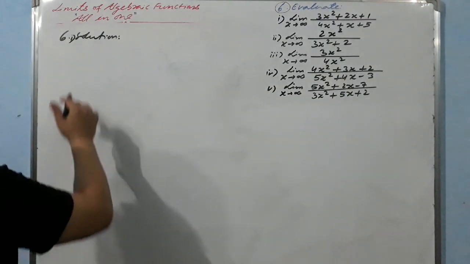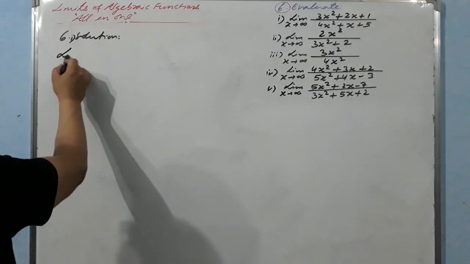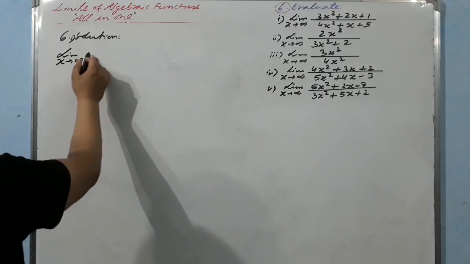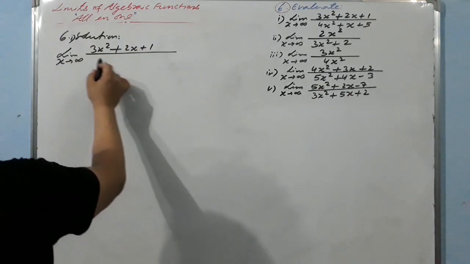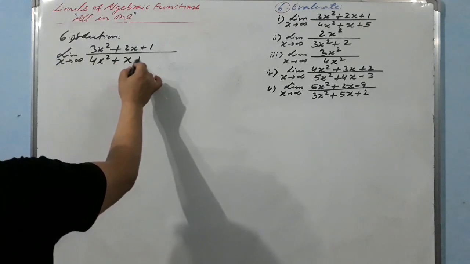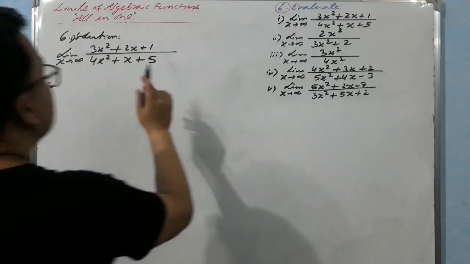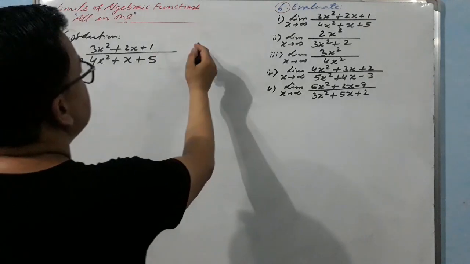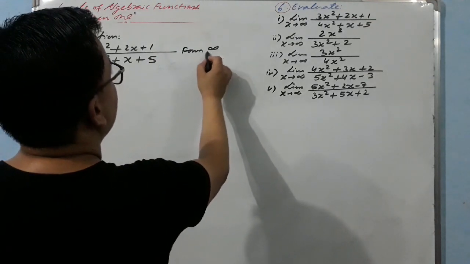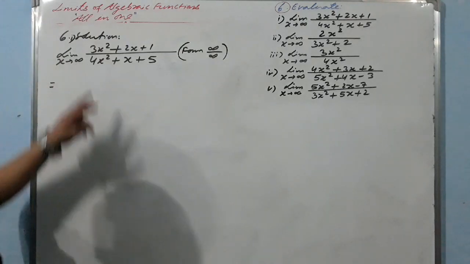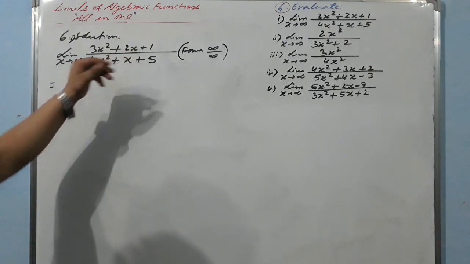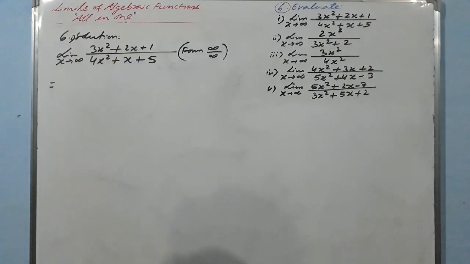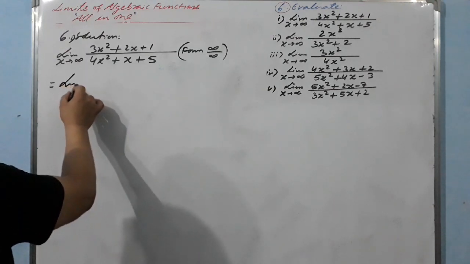Now the limit as x tends to infinity of 3x square plus 2x plus 1 over 4x square plus x plus 5. This is an indeterminate form, infinity over infinity.